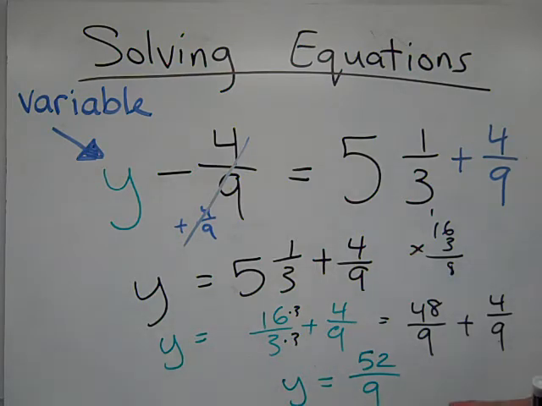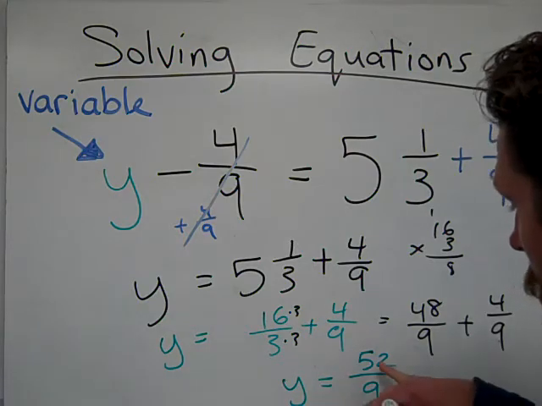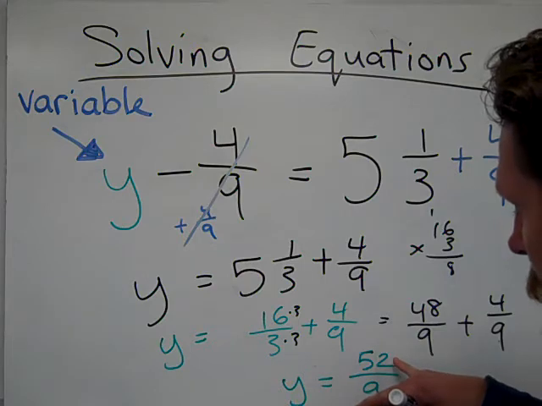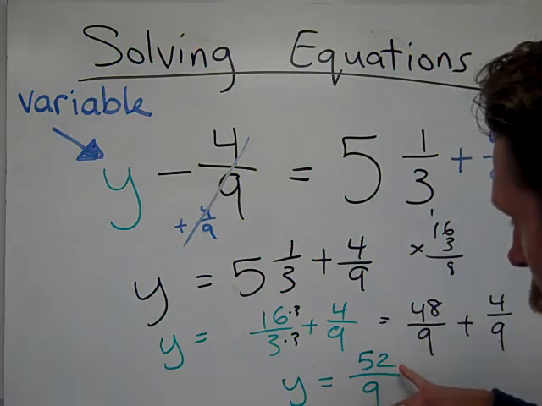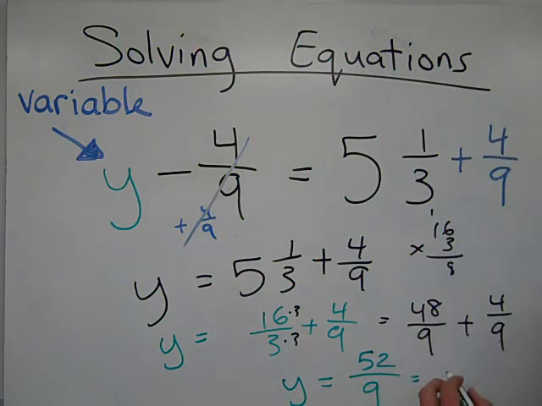And then we can basically change that back into a mixed number. So we can say 9 times what equals 52? Well, 9 times 5 is 45. And it'd be 7 more, so 5 7/9.